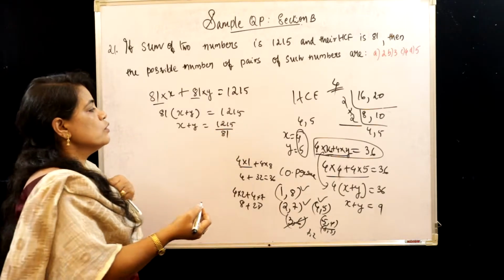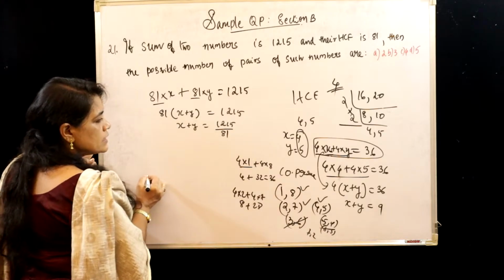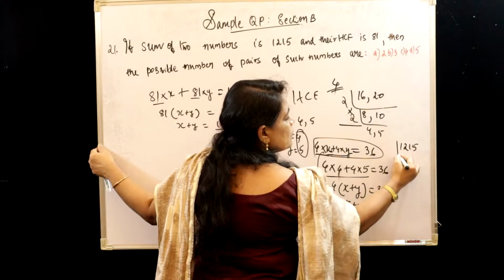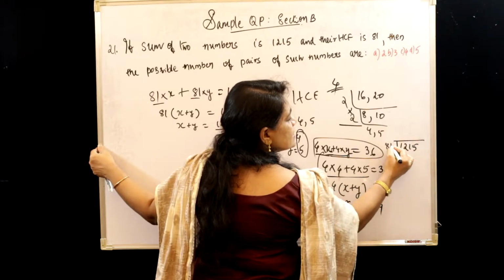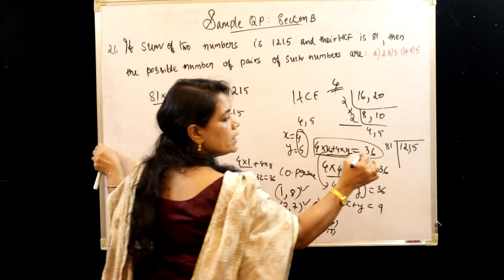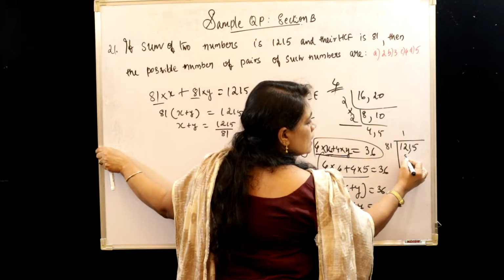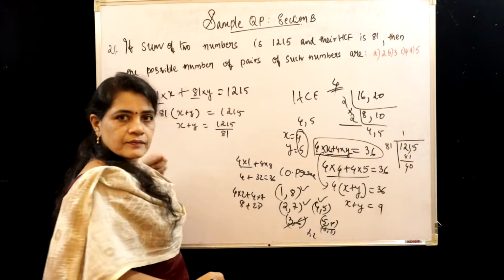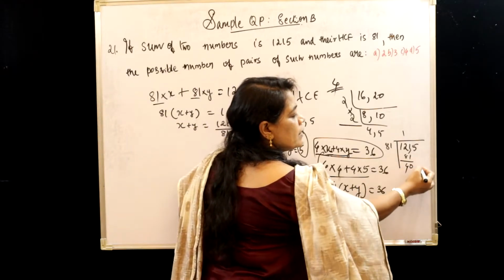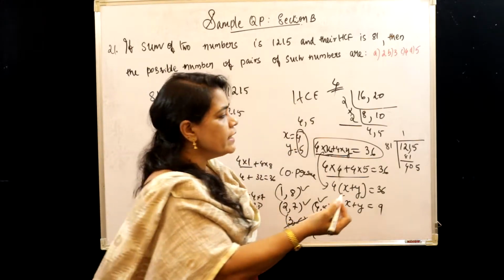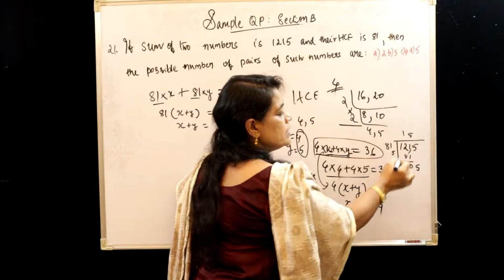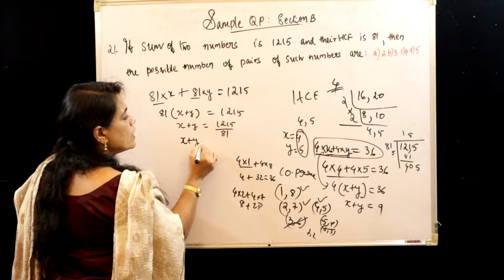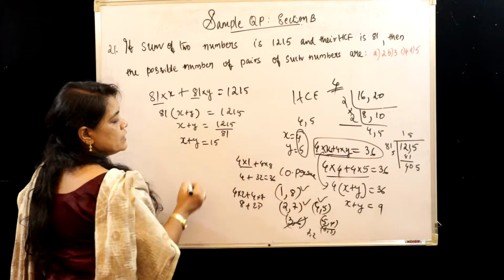Now next we are going to divide 1215 by 81. 81 in 121, 1 time, 121 minus 81 is 40, and bring down this 5, 405, so 81 into 5 is 405, remainder is 0. That is, we have seen that x plus y is equal to 15.